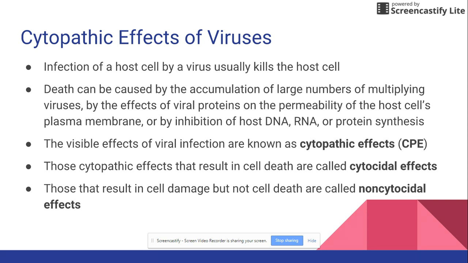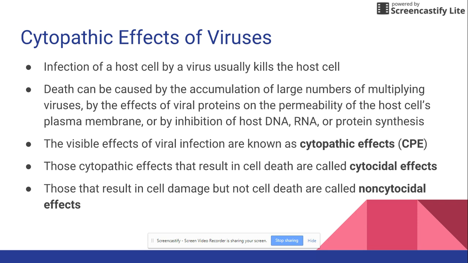So it's going to mess with the DNA or the RNA or how it produces protein synthesis. The virus can actually take over that and tell that cell, you're no longer going to make host cell stuff, you're going to make virus stuff instead. So the virus can take over in that manner as well.